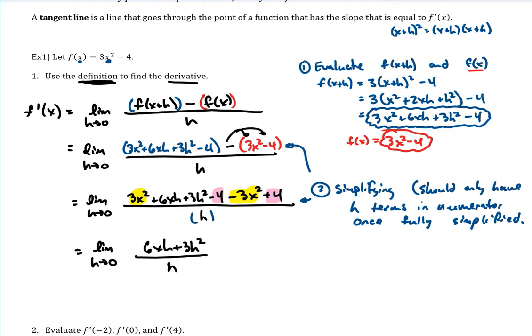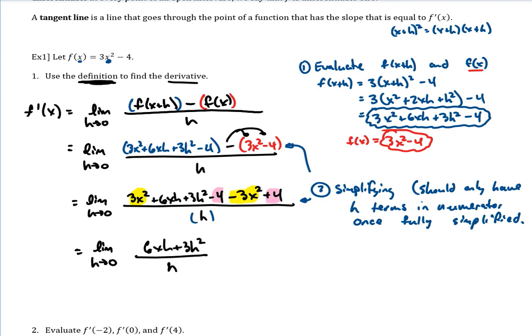Okay, if I had, say for instance, forgotten to distribute the negative and had this as minus, then I would have had a minus 8 to the side still. And that's no good, because I know I can't cancel that h out. So if you have some leftover constant, probably a mistake was made, and we can go back and try to find it.